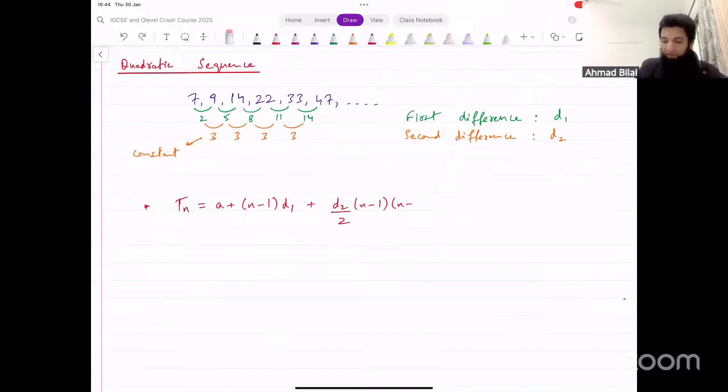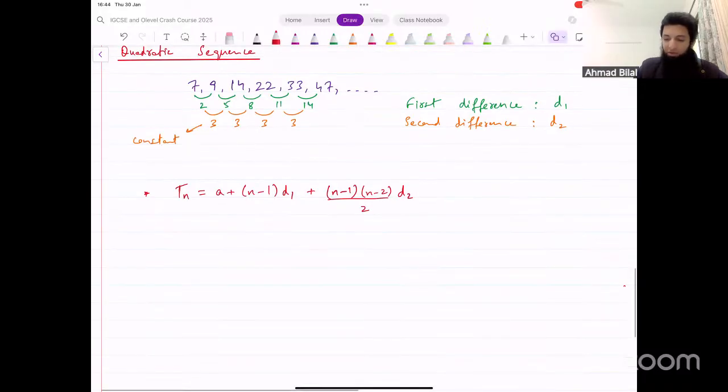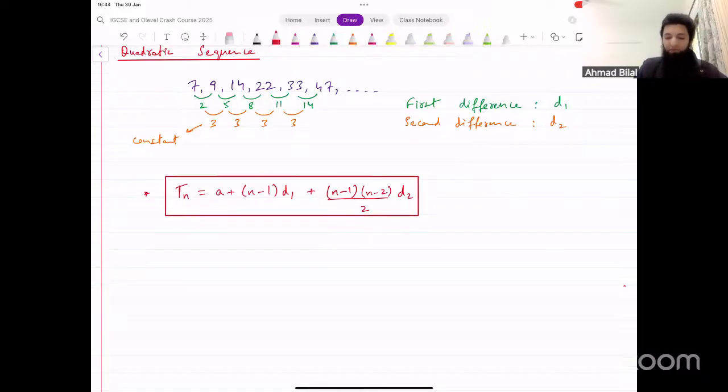Or if I were to write it slightly differently, you can think of it like this as well. N minus 1, it's the same as before, but we also have n minus 2 here, divided by 2 times d2. Okay, so for a quadratic sequence, you can use this formula to write down the nth term of that sequence.